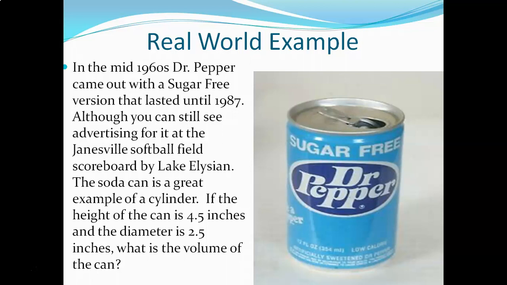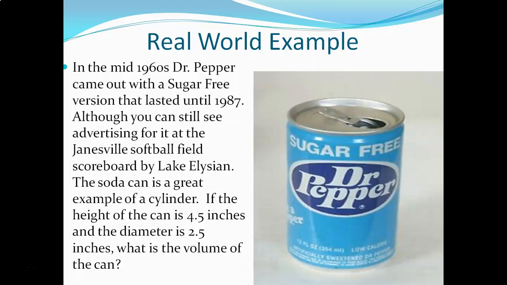So if you go, obviously past the school, past the golf course, past the deer park, if you go to those fields, you go down the hill, you're going to see a scoreboard, and it's going to be advertised with sugar-free Dr. Pepper. So it's kind of funny, it's 2020, and they're advertising a soda that has not been around since 1987. Anywho, back to the can.